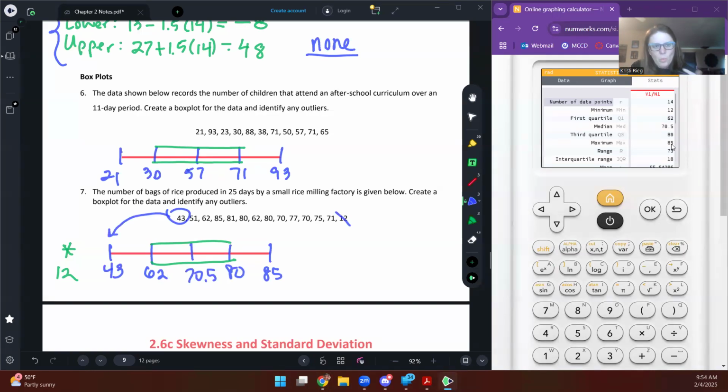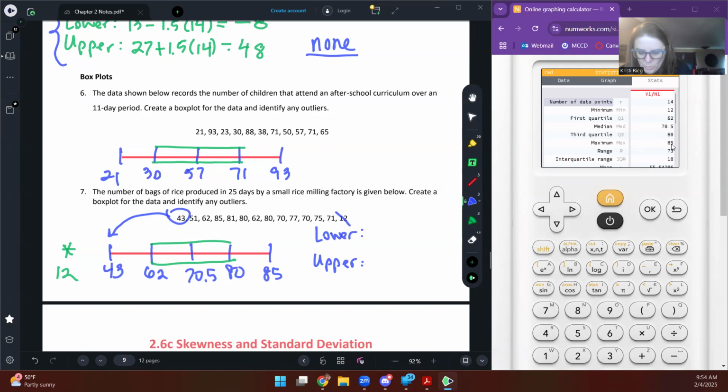So what makes 12 an outlier other than just seeming like it's an outlier? Okay, let's check it out. So we have the lower and the upper fence, and for this, I'm just going to stay on this calculator screen for a minute because it has all my information.